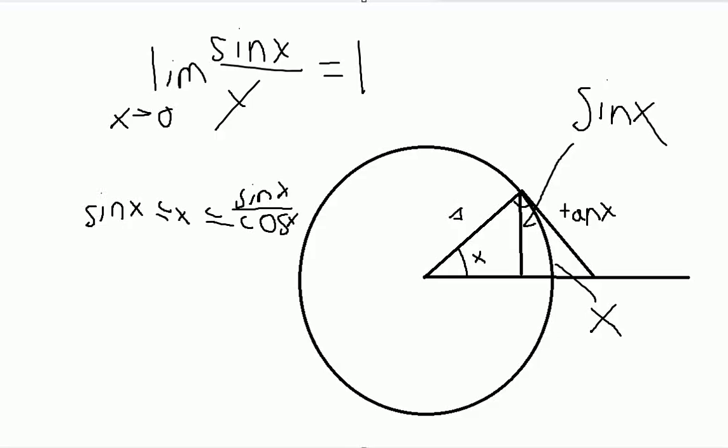So what we're going to do here is divide both sides by sine of x. So each part of this inequality is going to be divided by sine of x. And so the left term is going to be equal to 1. So 1 is less than or equal to x over sine x, and the right term is going to be equal to 1 over cosine x.